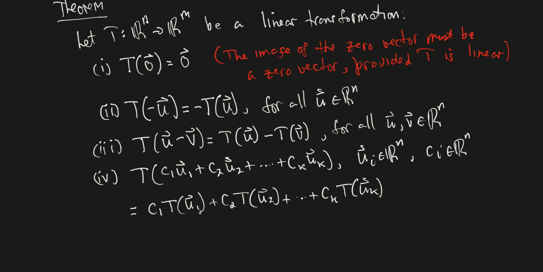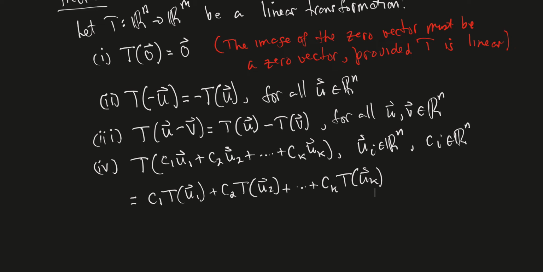The reason this ends up being a linear combination of vectors in Rm is because each of these images is in Rm. It's a lot to say, but this is a really powerful property of linear transformations: when you start with a linear combination of vectors in Rn and take its image, you get a linear combination of vectors in Rm.